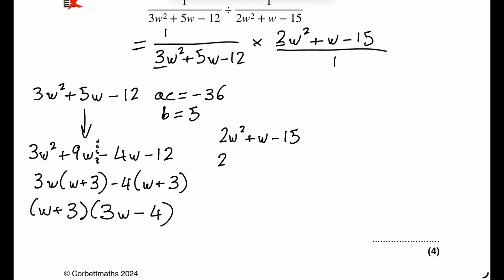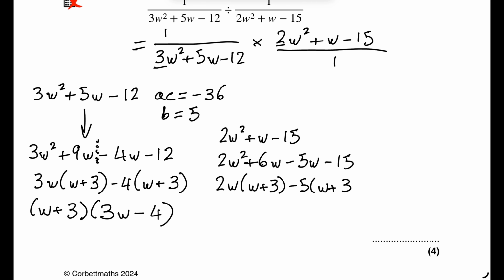So we've got 2w squared, add 6w, subtract 5w, minus 15. So we're going to have 2w, w plus 3, minus 5, w plus 3. So then that gives us a total of w plus 3, 2w minus 5.